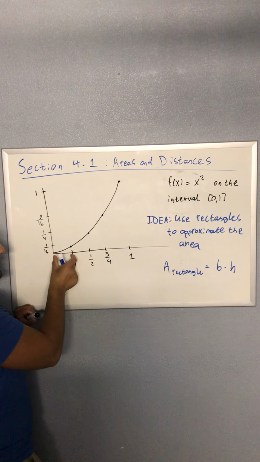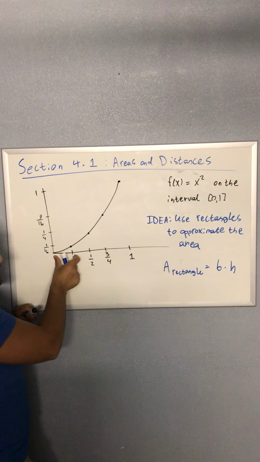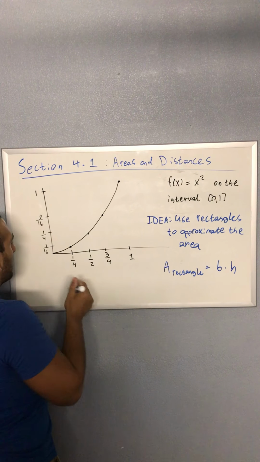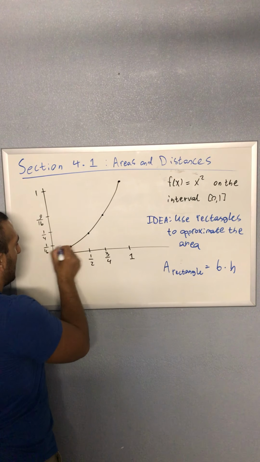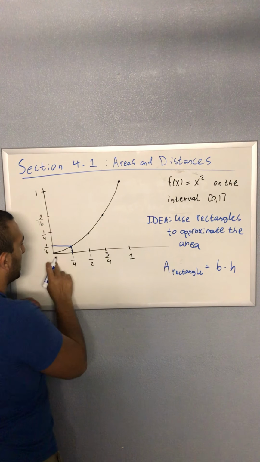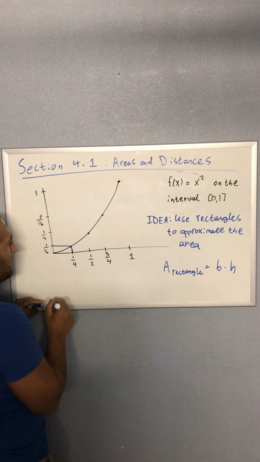But what I'm going to do is pick what's known as the right endpoint. So for now, let's just pick the biggest number in the interval as the height. So I'm going to draw my rectangle at the height 1/16. So it has width 1/4 and height 1/16, so it looks like this.